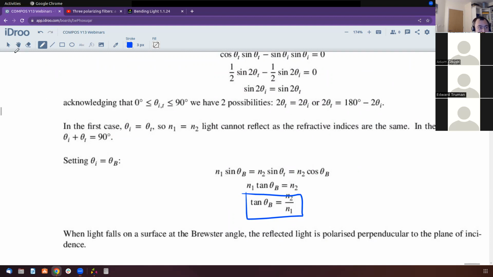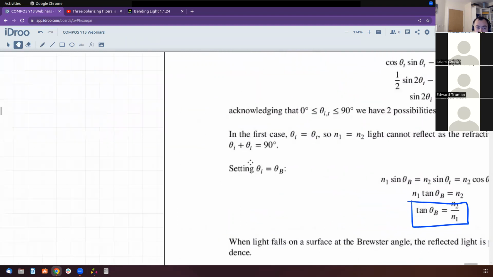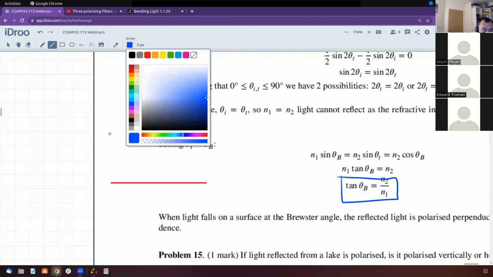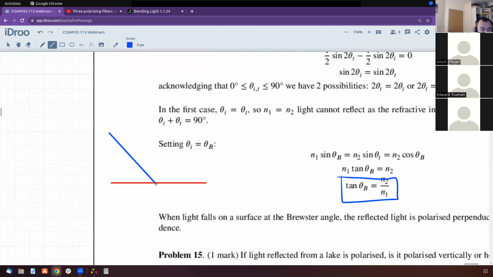So you can study that in a bit more detail. Basically, what happens is that when the angle is Brewster's angle, you have light falling like this, light passing through, and light reflected. And the angle between the reflected light and the transmitted light is 90 degrees.